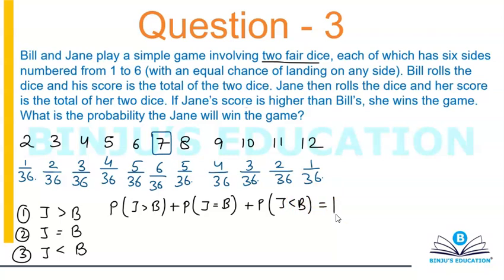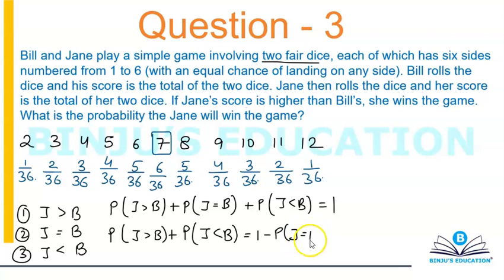Because these are the only 3 possibilities. Nothing else can happen. So I can say that probability that Jane scores higher than Bill plus probability that Jane scores lower than Bill will be equal to 1 minus when both of them score equal.